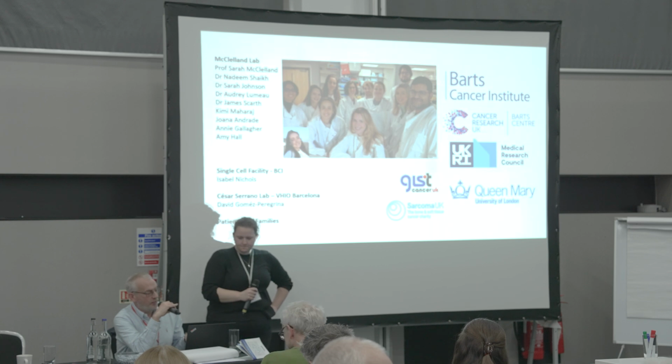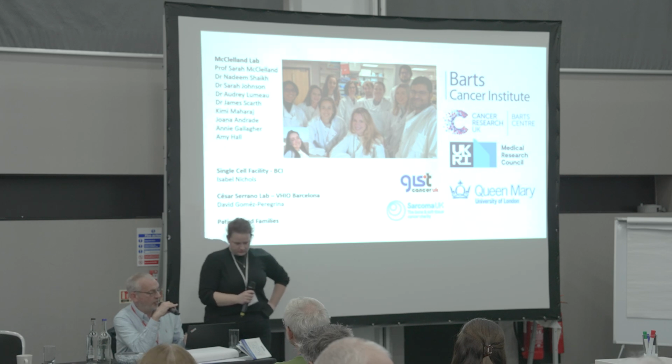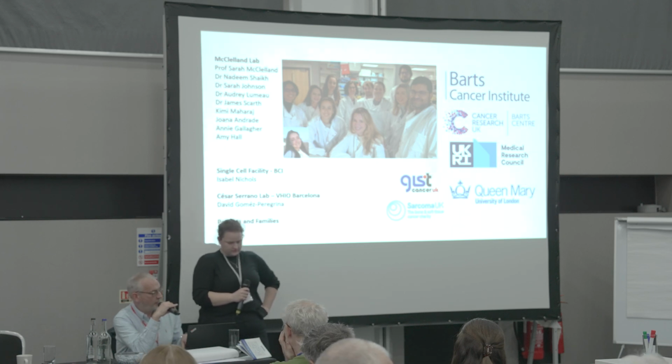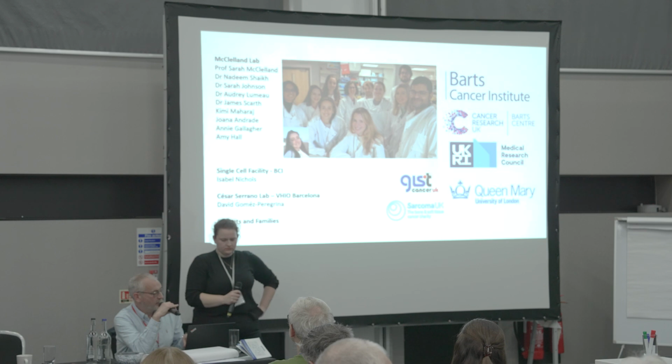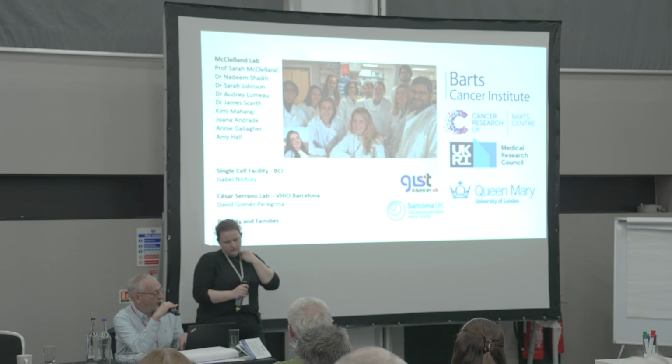Do we think that there are any of these chromosome instabilities that are more dangerous, for want of a better word, than others, or do we see a pattern in a GIST, let's say an exon 11 mutation GIST? Do you see any of the chromosomes that have more of an impact than others?